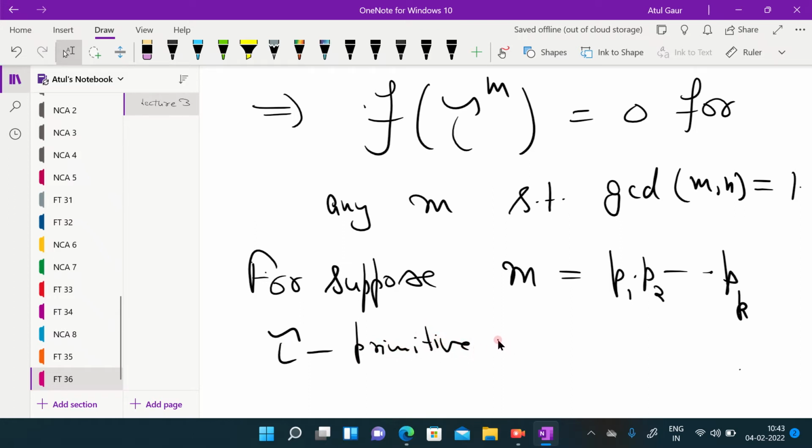So tau^p1 is also a primitive nth root of unity. See, if this is the prime factorization of m and GCD of m and n is 1, then pi cannot divide n for all i.